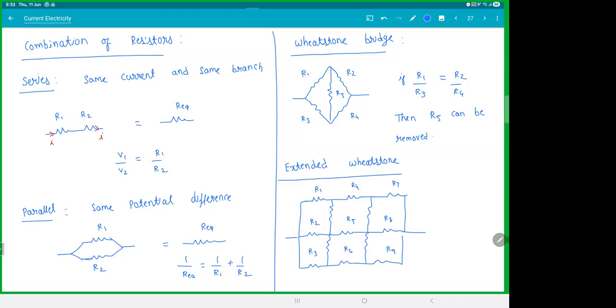If all the vertical ratios are the same, you can remove those middle resistors. I'll put this thing, there are too many resistors. If R1 by R2, R3 by R4, and R5 by R6 are the same, then R7, R8 can be removed.